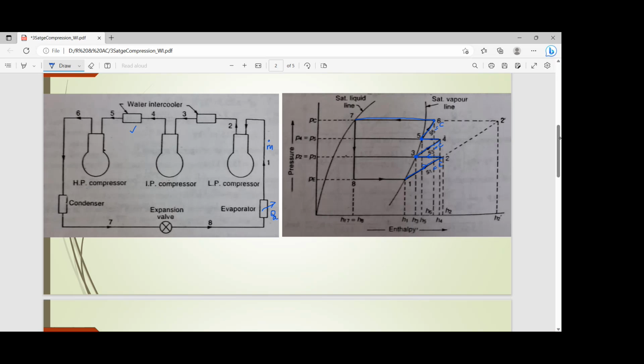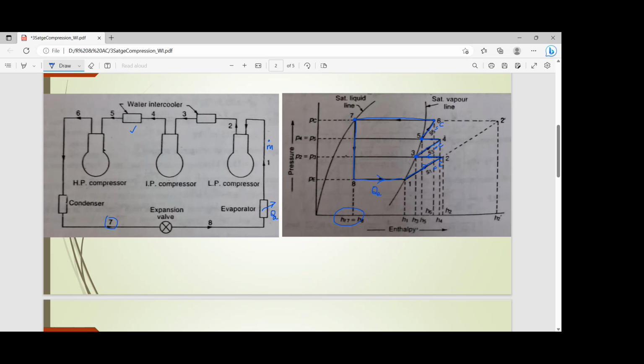So 6 7, so 7 lies on the saturated liquid line, and at the end of the condenser you have the refrigerant liquid, and that is taken to the expansion valve to reduce its pressure. And so you have 7 8, which is an isenthalpic process or a throttling process where H7 is equal to H8, and then 8 1 is where you extract heat from the region or space which needs to be cooled.